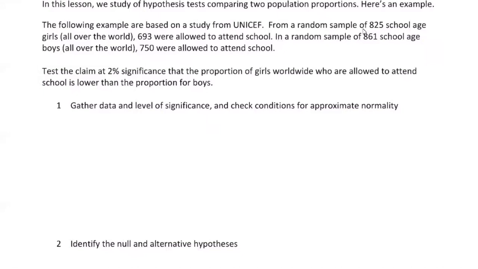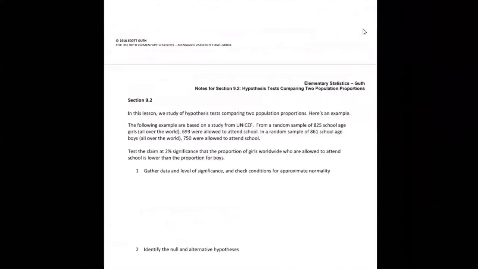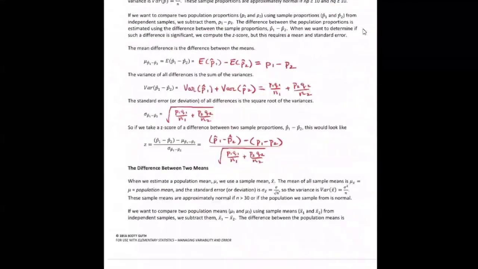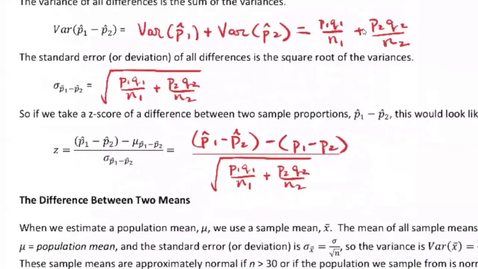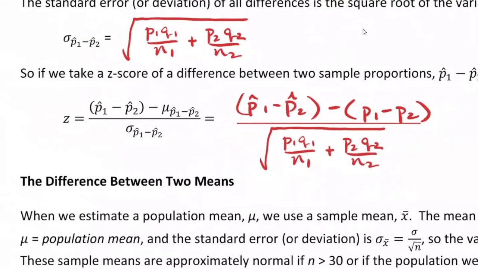So we have this whole issue of getting our data values. And I just want to remind you from up above, this is the statistic we're computing for two proportions. So you're going to need sample sizes and sample proportions from each population.